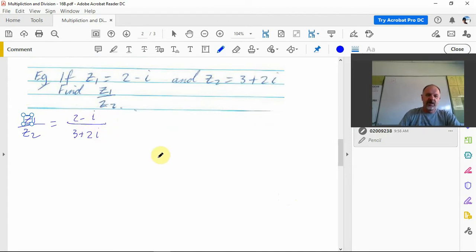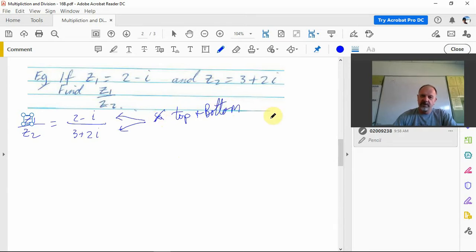We want the bottom as a real number, so what we've got to do is multiply top and bottom by the conjugate of Z2.